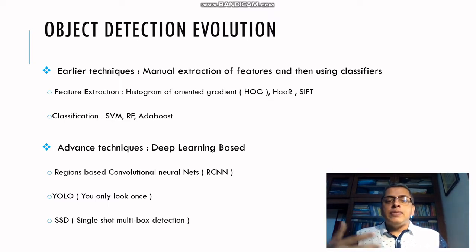When deep learning became more popular, a lot of methods came into being, and one of the most prominent earlier ones was the RCNN family of object detectors. RCNN stands for region-based convolutional neural networks. There are different versions: RCNN, Fast RCNN and Faster RCNN.